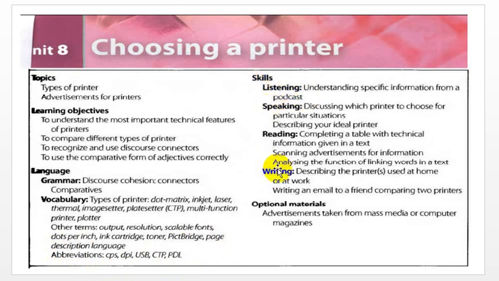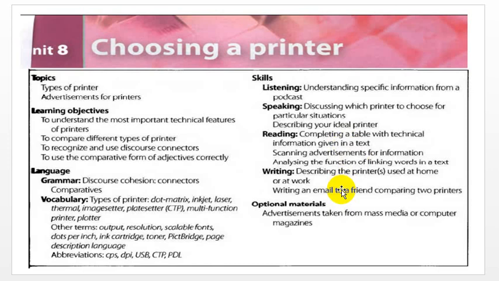And in skills: listening, speaking, reading, and writing. We have understanding specific information from a podcast. Speaking: discussing which printer to choose for a particular situation, describing your ideal printer. Reading: completing the table with technical information given in the text. Scanning an advertisement for information, analyzing the function of linking words in a text.